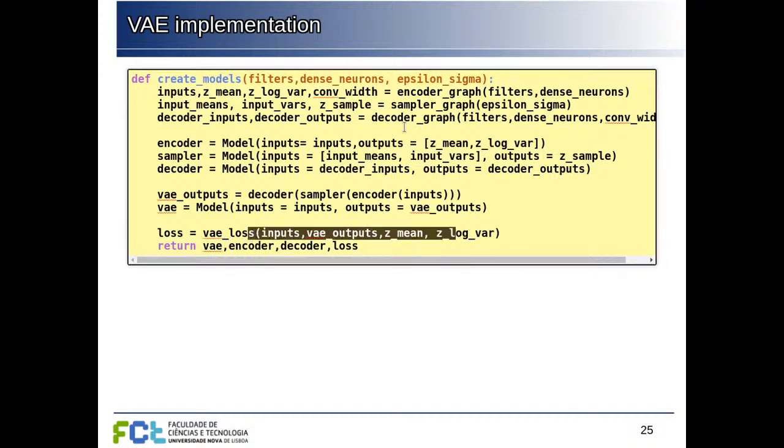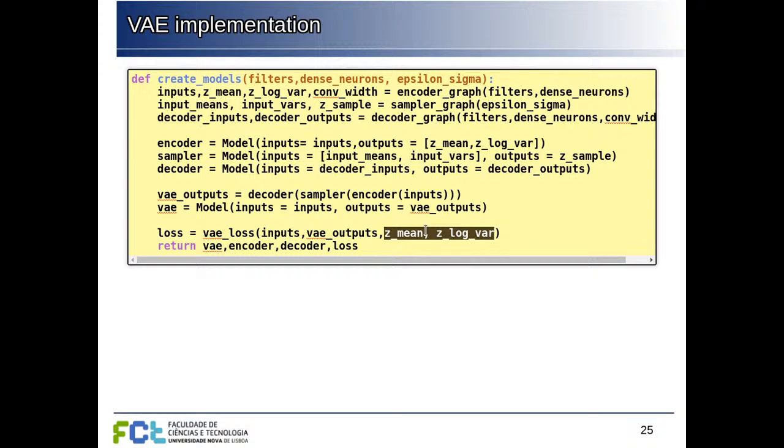Note that we created this graph, so we have all of these tensors as part of the graph, and now we can create a loss function that takes the inputs, the outputs of the variational autoencoder. So this is where we're going to compute the reconstruction error, and also the means and the log variances obtained from the encoder. These are the outputs of the encoder.